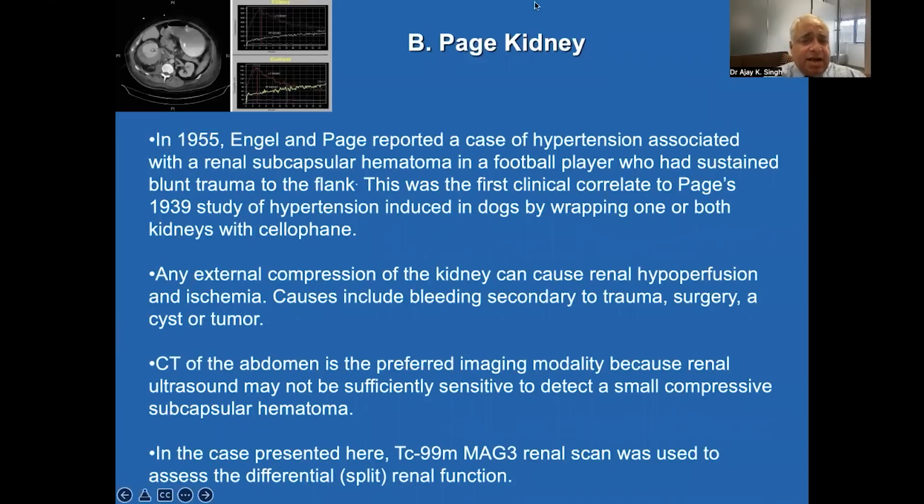In this case, you can see up here the subcapsular hematoma, and it's easily detected, and so it would probably have been detected by renal ultrasound. In the case presented here, the MAG-3 renal scan was used to assess the differential or split renal function and showed this discrepancy between perfusion in the left kidney, which appeared to be relatively normal, and perfusion in the right kidney.